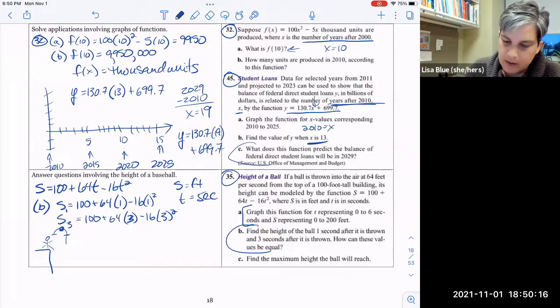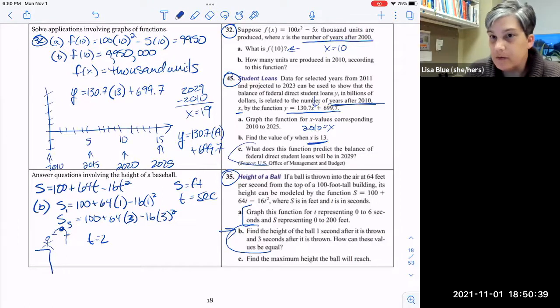So we could probably go ahead and use t equal 2 seconds to find that information, just because we know it's gone up and come down in the space of 3 seconds. Otherwise, we've got some other techniques a little bit later in this packet we could use, finding the maximum and minimum of parabolas. But I think using part B as our clue and then going from there is the best bet. All right, questions on those?